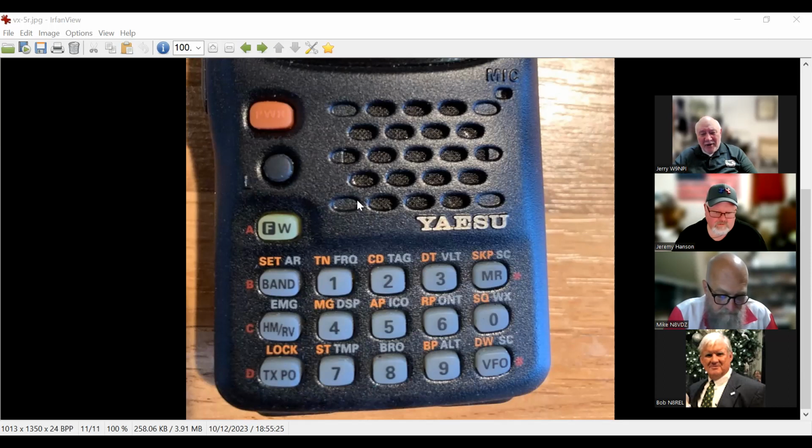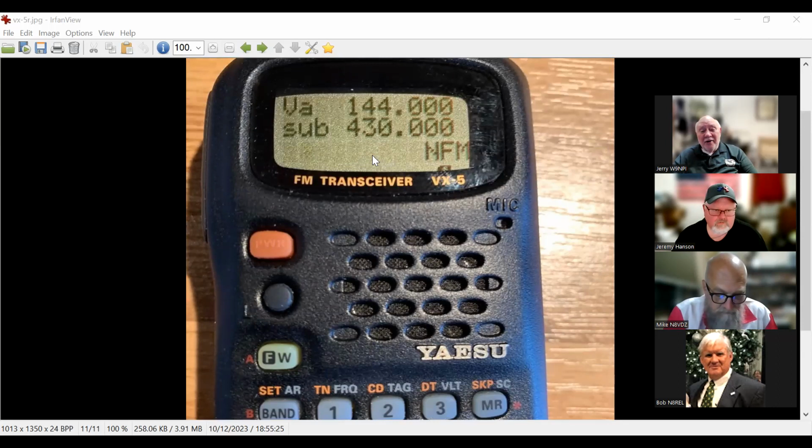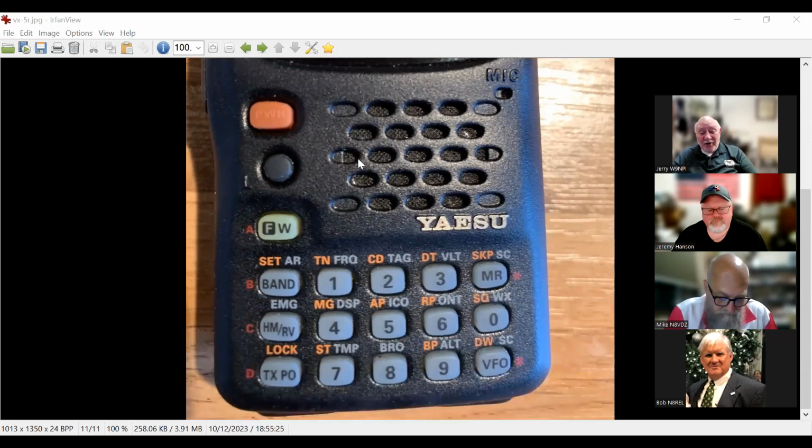There is software where you can punch in all the information, the frequency, the frequency offsets, any tone access, all that sort of stuff. You can either punch it in, or the software will give you a spreadsheet where you can just fill it in, and it will populate the computer inside the transceiver with all that stuff.